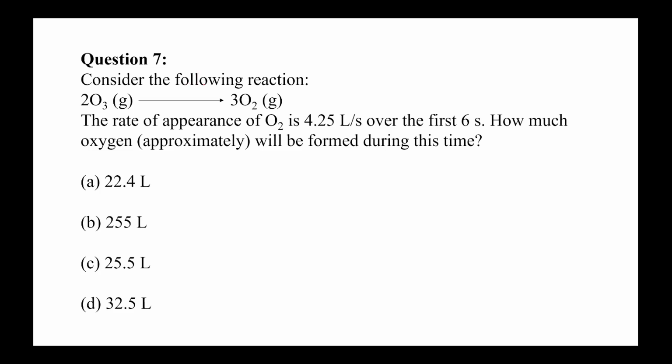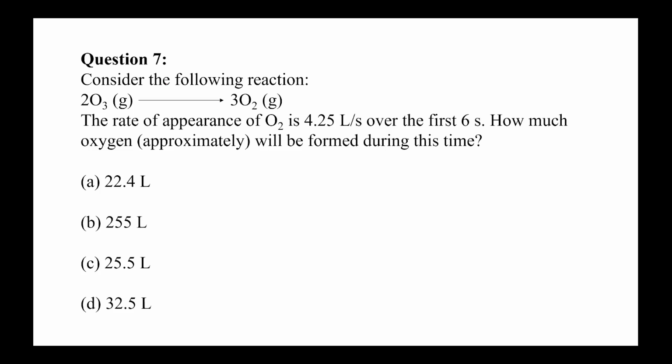So consider the following reaction. 2O3 goes to 3O2. The rate of appearance of O2 is 4.25 liter per second over the first 6 seconds. How much oxygen will be formed during this time? Okay.